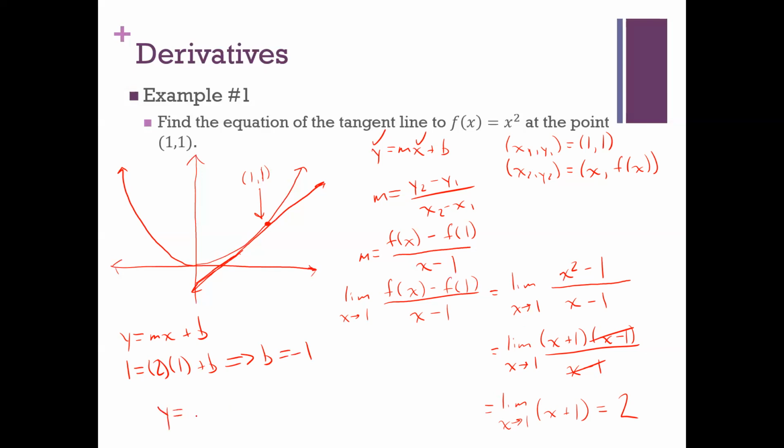So this tangent line that I got is 2x minus 1. Did I do it wrong? Oh, I was just solving for b here.